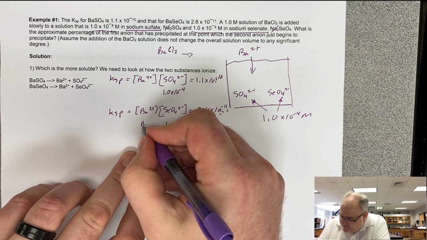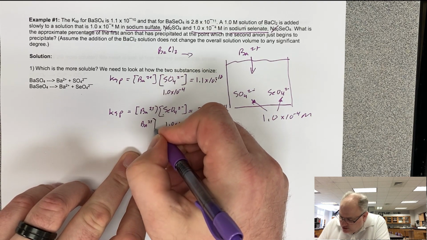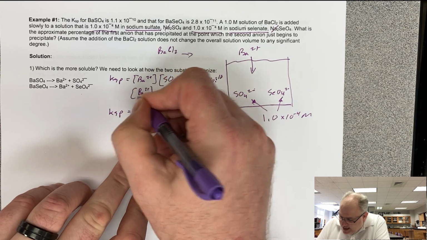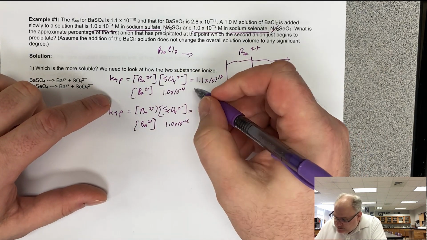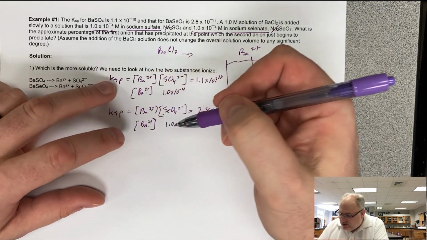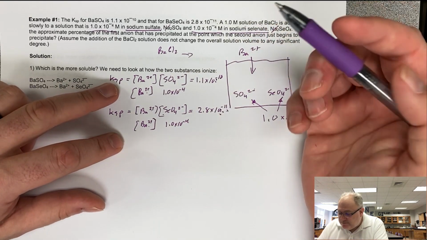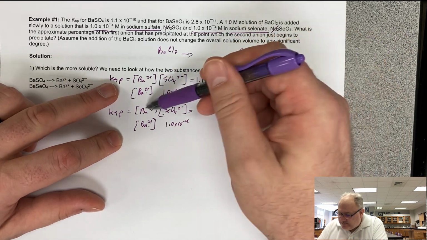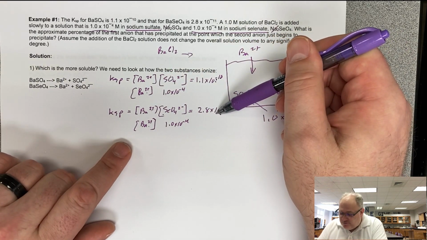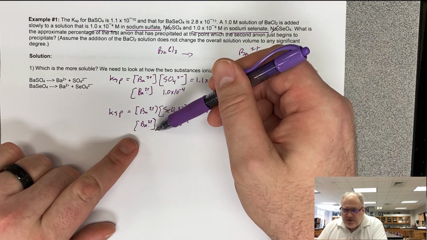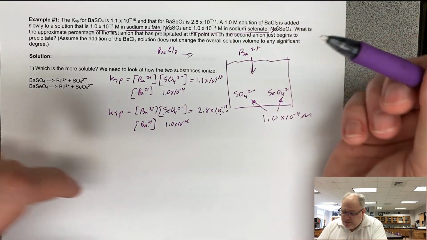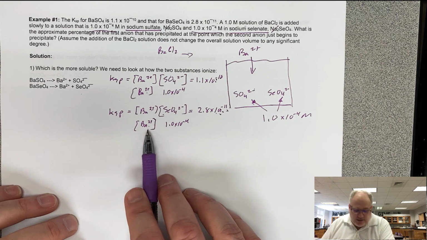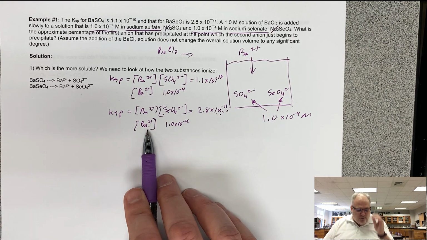Then we'd have Ba2+, and we could solve for Ba2+ in both of these cases. Whichever one of these two was lower, we know would precipitate out first. Now, we just happen to know, because this is a smaller Ksp and we have the same number of particles, that this will precipitate out first, so this Ba2+ concentration will be less. So that's problem number one. I'm actually not going to plug in and solve for this, but you could, and it would tell you that the Ba2+ that we have here would be less.